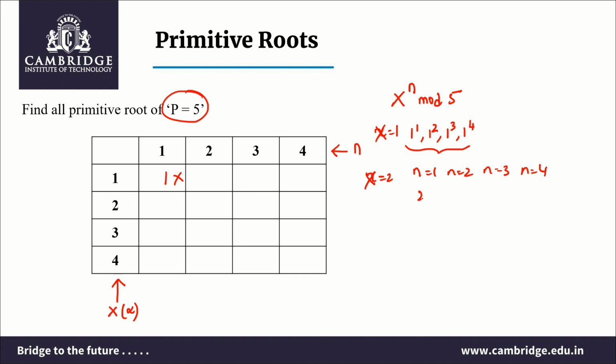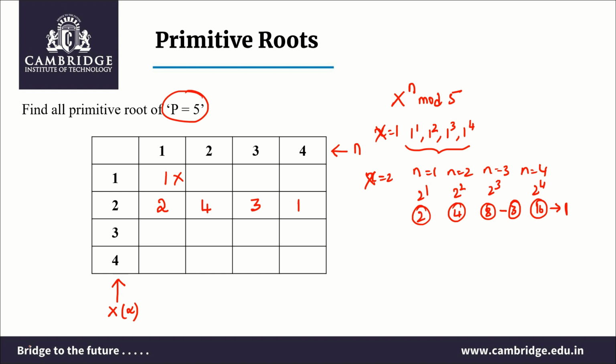So 2 power 1 is 2, 2 power 2 is 4, 2 power 3 is 3, 2 power 4 is 1.